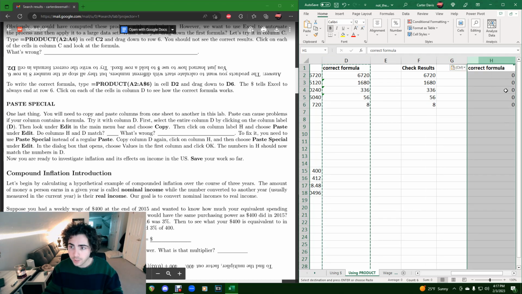Because column D was made up of formulas referencing cells 2 or 3 cells over, applying that to H means those cells might have zeros, so that's why these cells might be 0. Instead, you hit this little drop down bar, go down to paste values, and click on values, and it pastes the actual values that were in column D.